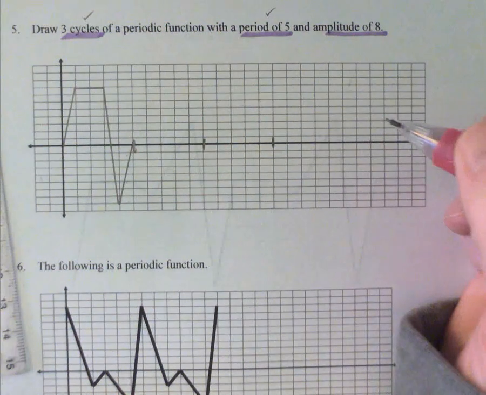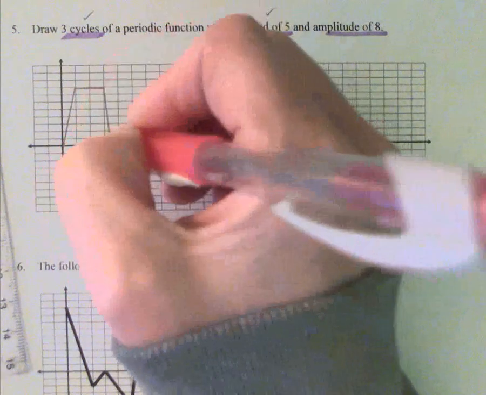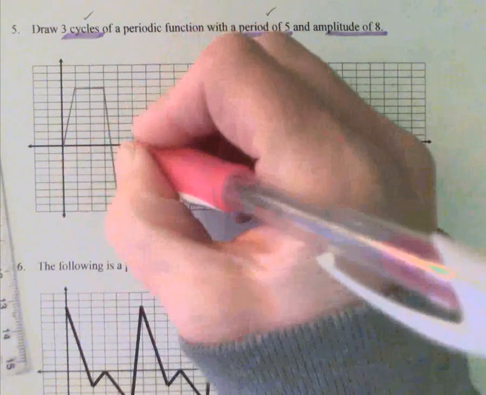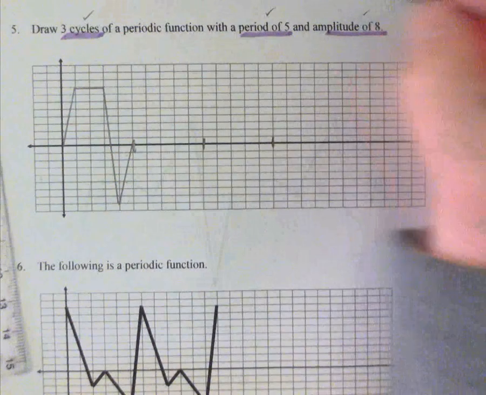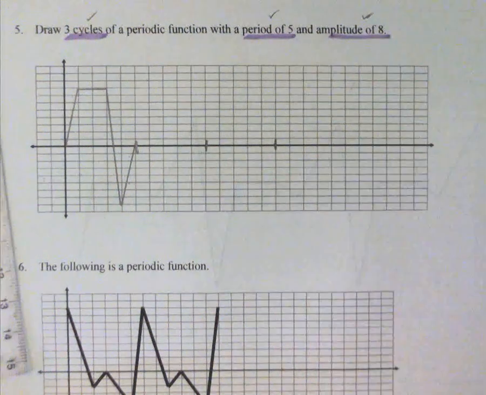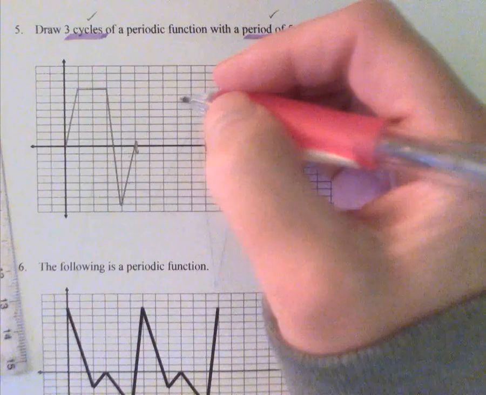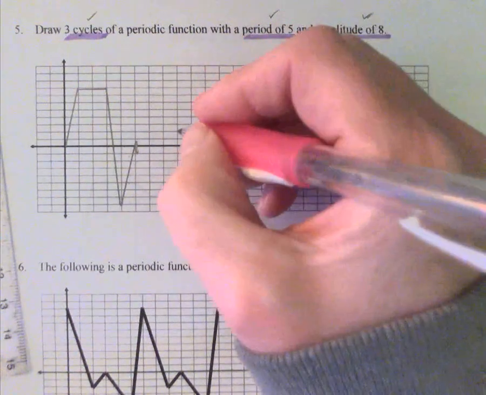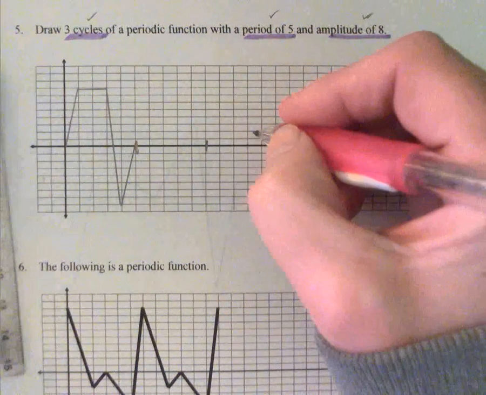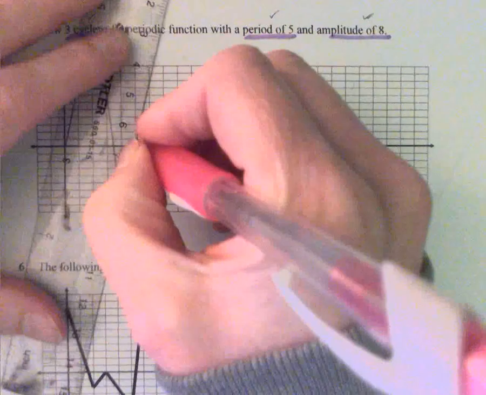Okay, so whatever I pick my design to be, I have an amplitude of 8 because I'm 8 up and 8 below my midline that I've chosen to be this. So that's covered. And now I'm just going to finish rolling out the cycle. So now I'm going to continue to draw the same pattern in this space and again in this space. So I'm going to go up to 8.